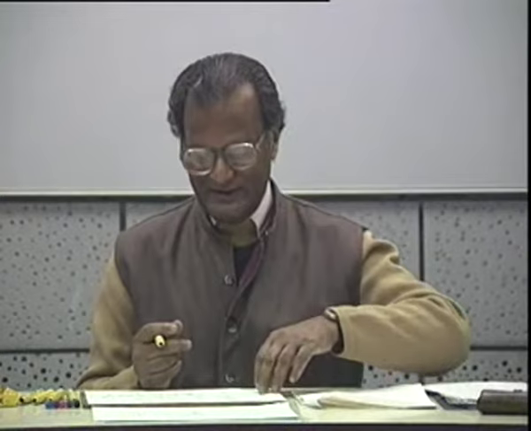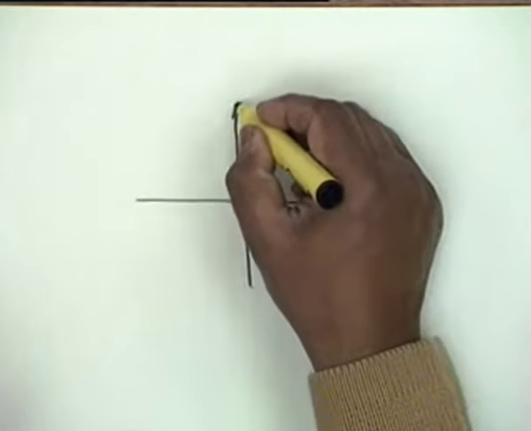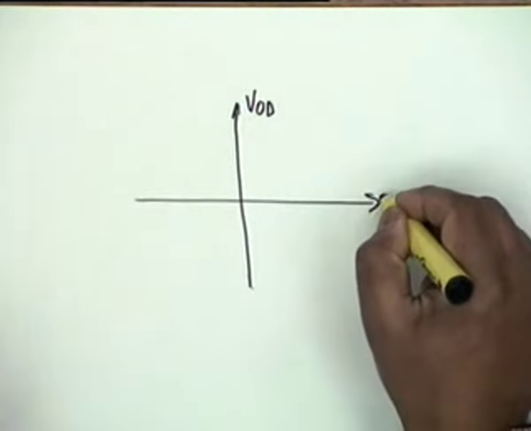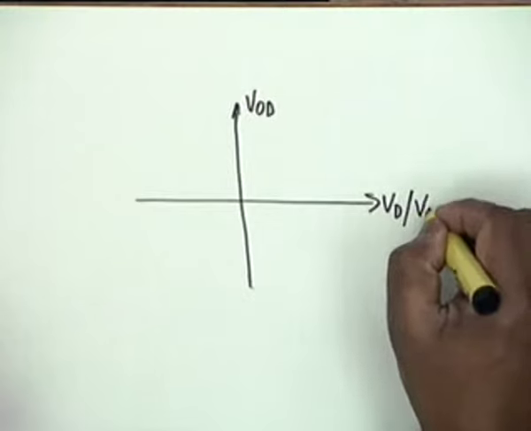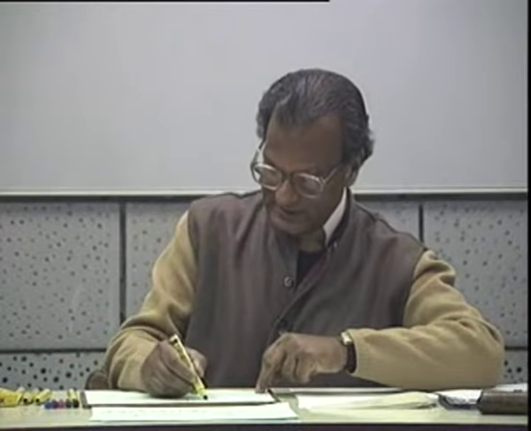Exactly the same way as in a BJT. Okay, and if you plot VOD versus VD by VP, it turns out that the situation is somewhat like this.